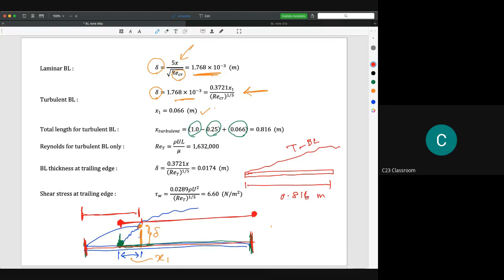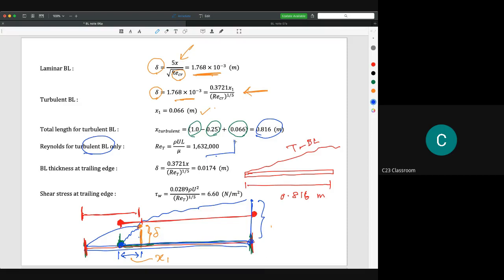After this we need to calculate the thickness at the end of the plate. It is okay for us to use only the turbulent boundary layer, but be careful, we need to use the right distance, the distance from here to here. So we calculate the Reynolds number for the turbulent boundary layer, rho UL over mu, substituting 0.816, so we get 1,632,000.